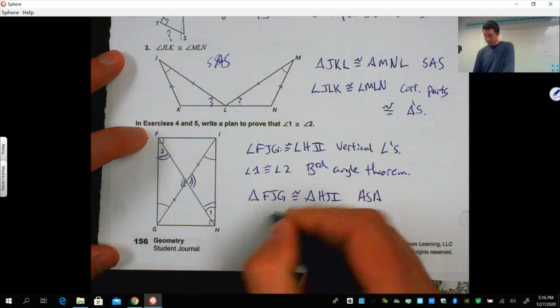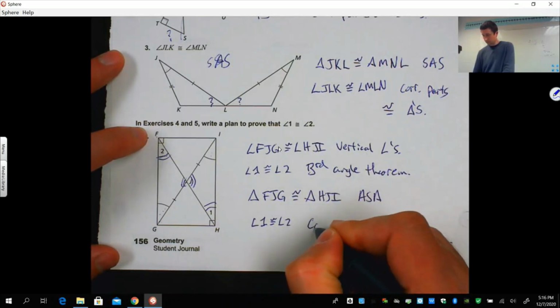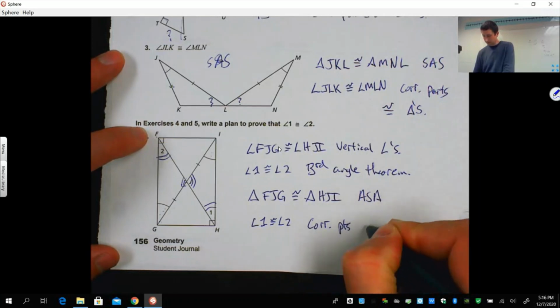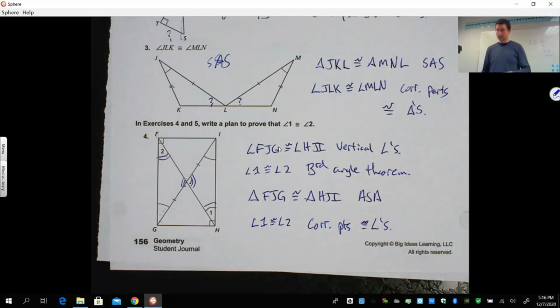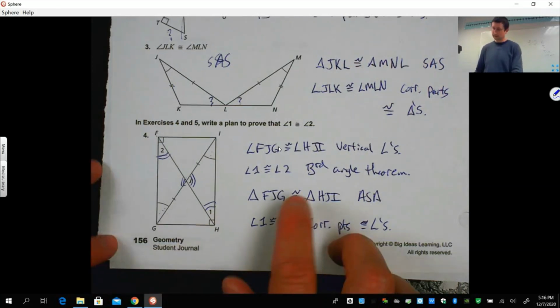And then we could say angle 1 is congruent to angle 2. That would be corresponding parts of congruent triangles. Okay, so a couple different ways you can take that plan. Again, remember the context of what we're working with, because they're wanting us to use some of those congruence theorems, so my guess is they're wanting you to go that route.